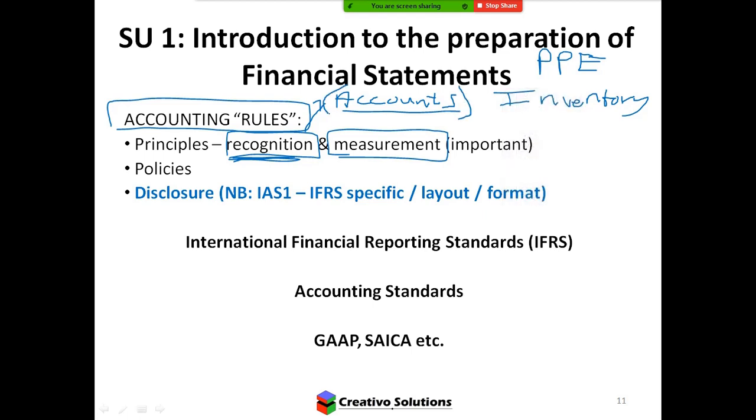Another example. If I sell something for cash versus I sell something on credit, I need to either recognize an impact on bank, or I need to recognize an impact on debtors, because I have a sale. A sale is a sale, but how you sell can differ. And that's what the accounting rules look at. You need to be able to recognize when something applies.